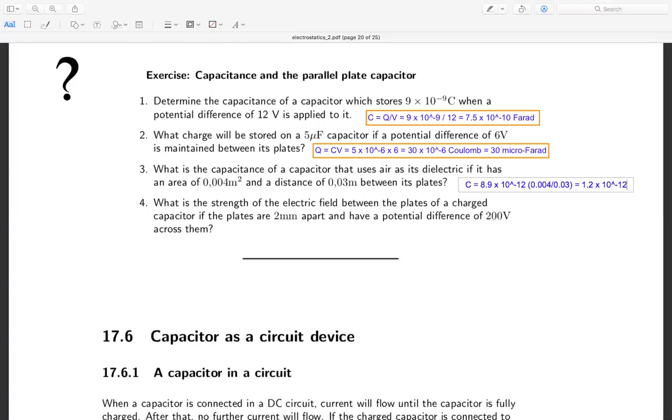This is in farad. Or we can change C into another order. This is 1.2 picofarad, because 10 power minus 12 is pico.